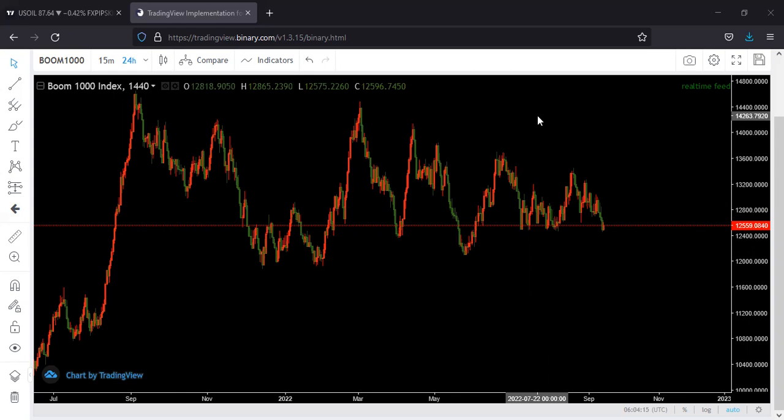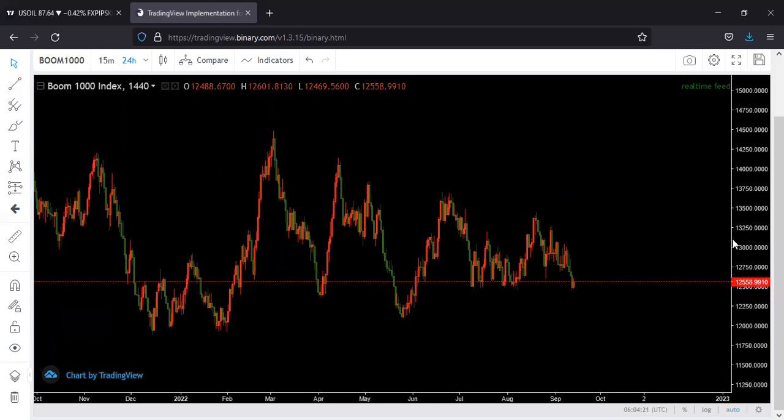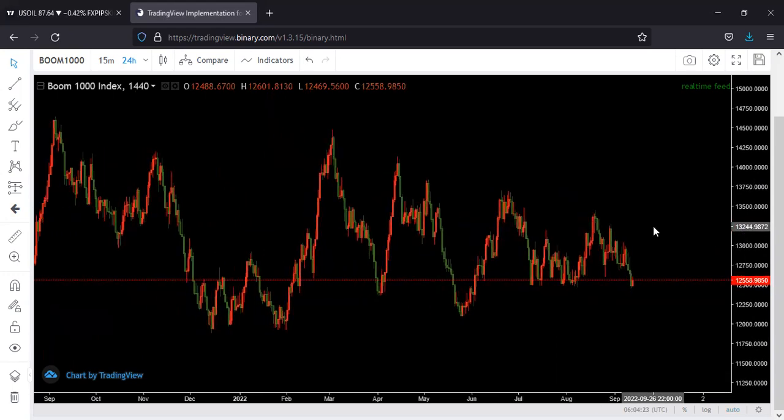So without wasting our time, guys, let us start. As always, based on our strategy, we always start from the higher time frame to the lowest time frame. On the screen now, we are on the daily time frame, or the 24 hours time frame.